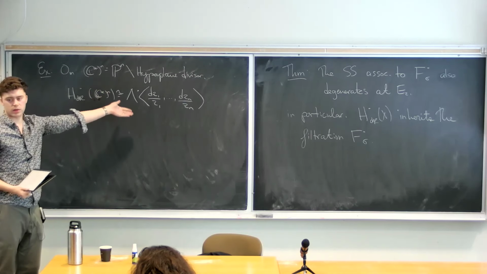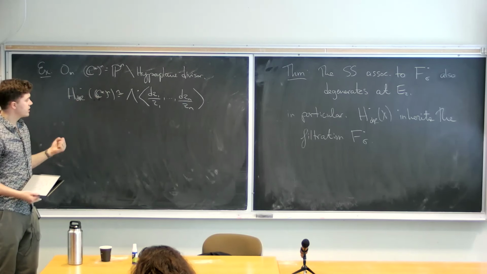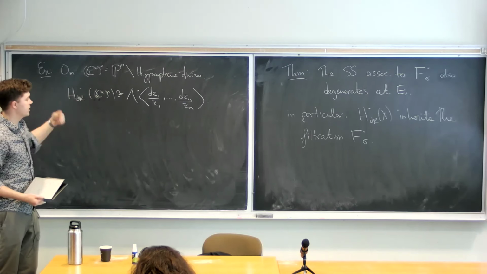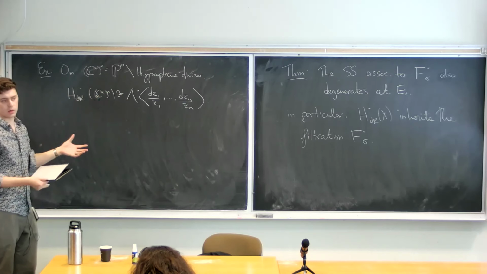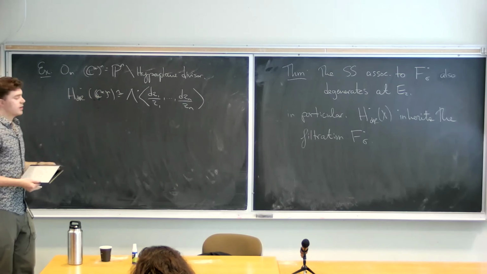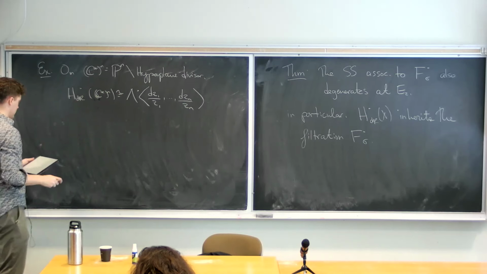These forms are the obvious generators of this cohomology, and they are the ones which come from the logarithmic complex, according to Deligne. So it's a very nice situation.